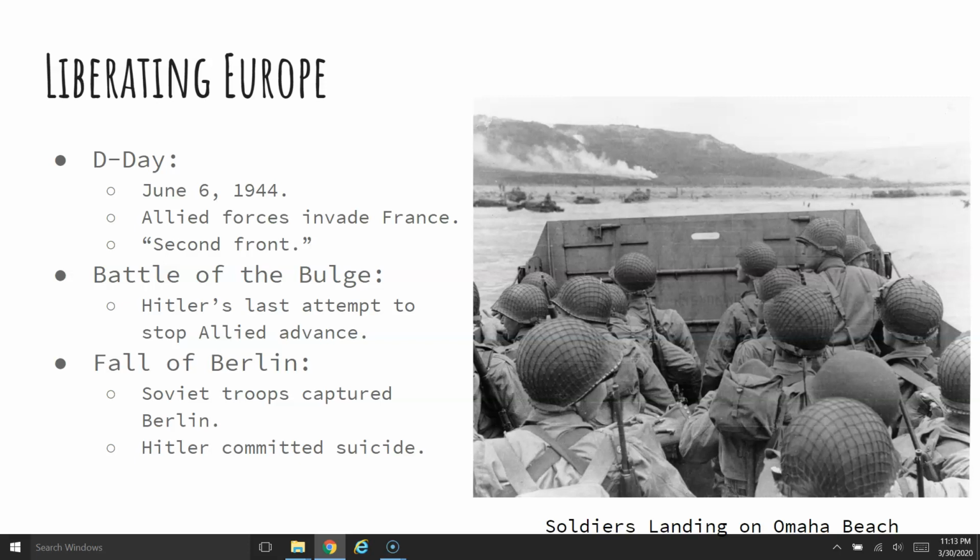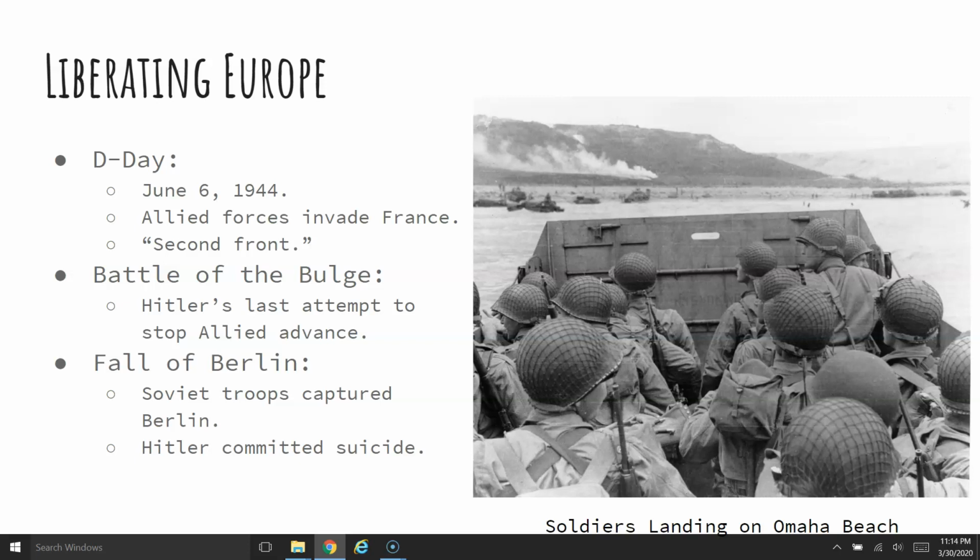Hitler makes his last attempt to stop the American and British advance from the West at what is called the Battle of the Bulge. This is in December of 1944. Winter had really set in by this point in time, and the American and British armies had left their lines relatively thin.